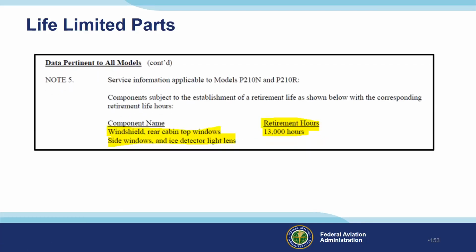Here's an example I found. It's hard to find an example on a fixed wing aircraft, but I found this one: the life limited windshield and rear cabin top windows, side windows, and the ice detector light lens on a Cessna P210 have to be retired at 13,000 hours.